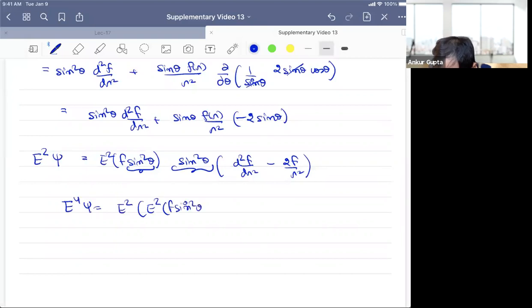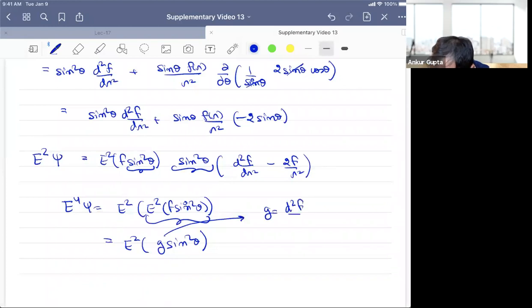Or I can say that, let's just say this is E² of G sin²θ, where G is d²f/dr² minus 2f/r². That's what I want to do essentially: operate the E² operator on G sin²θ, where G is this function.